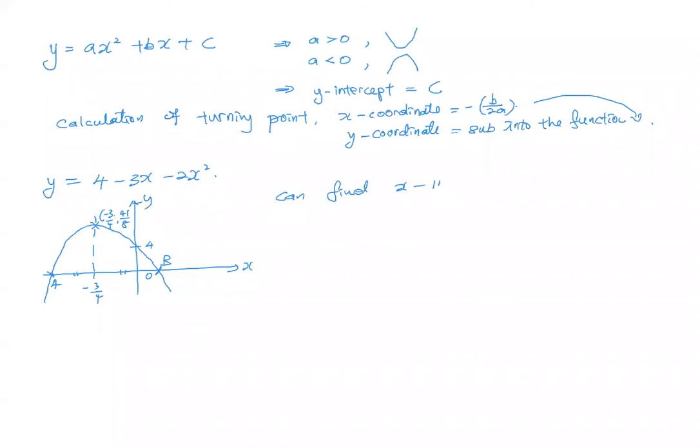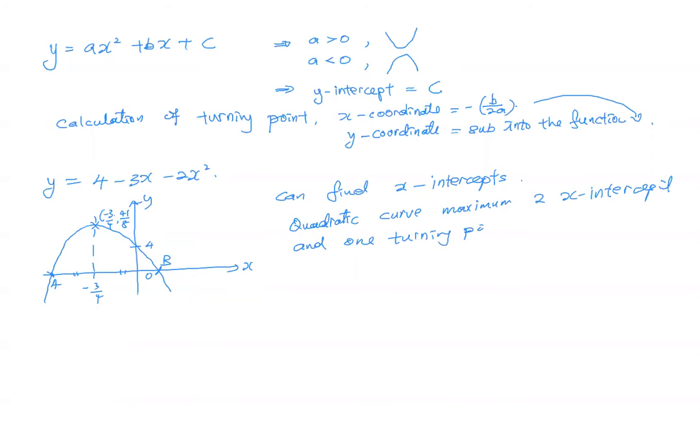So that means we can find the x-intercept. And in this case, it seems like it has two x-intercepts, correct? Quadratic curve: maximum 2 x-intercepts and 1 turning point.